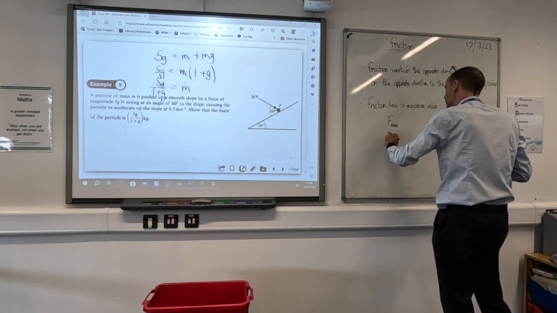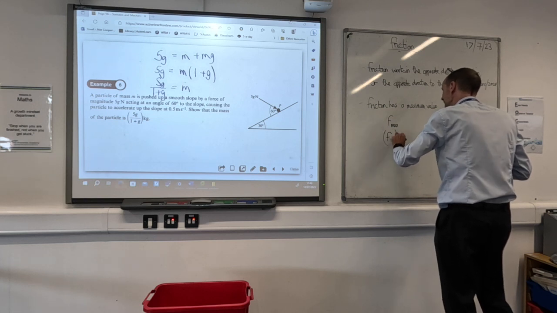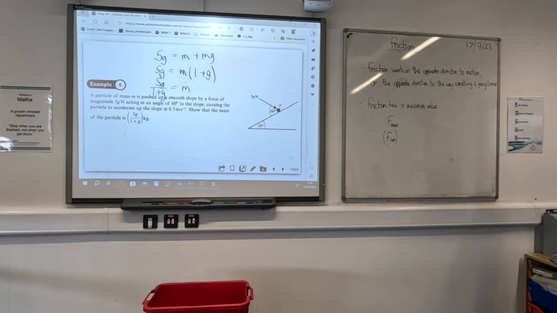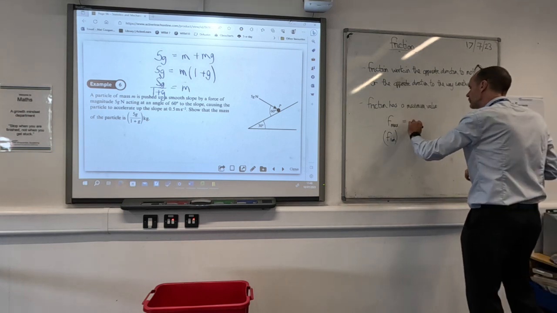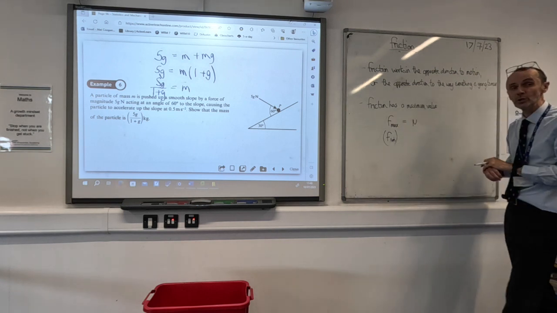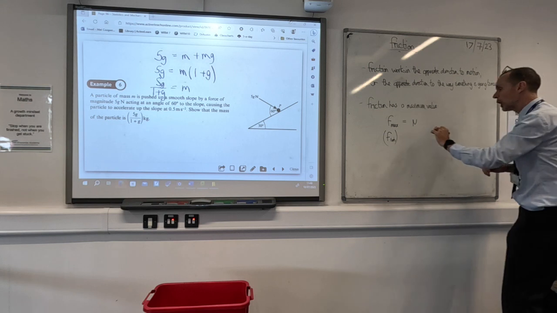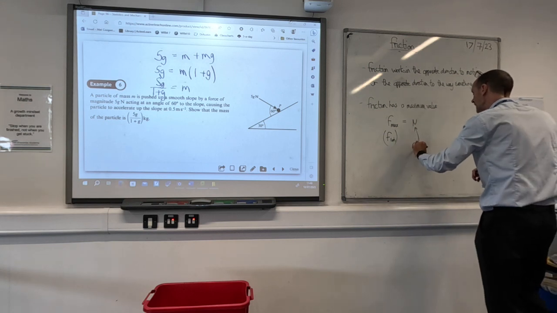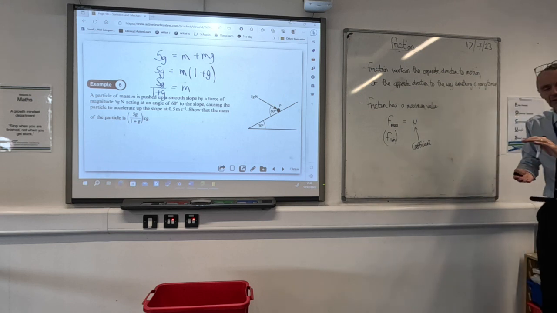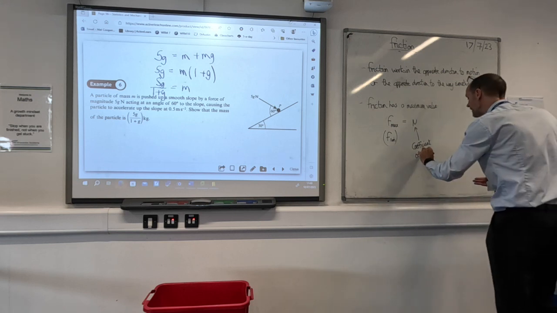So the maximum value of friction, sometimes called F-lim, tends to be referred to these days as F-max, is equal to mu, the Greek letter. This is the coefficient of friction, and that is a measure of the roughness of the surface. You are nearly always told that in the question.